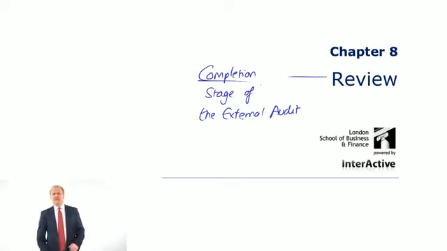So as with many things, before you sign off the work you've done, there are a few final things you've got to go through. Now, some of these things happen during the final audit process. Some of them happen right at the very end because they have to.